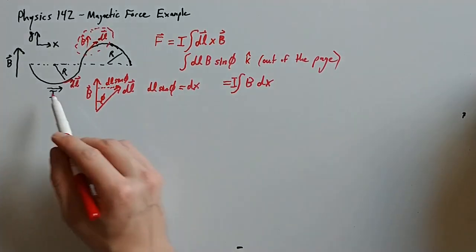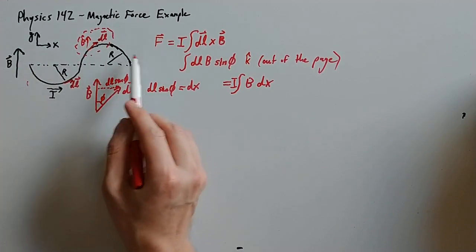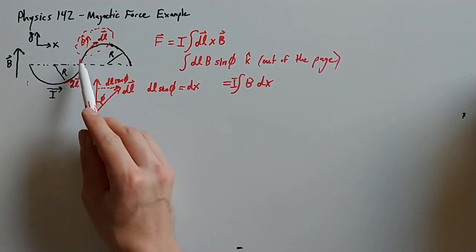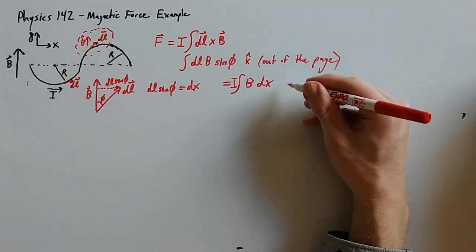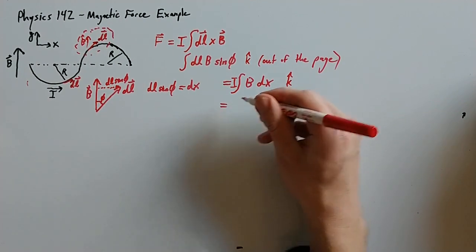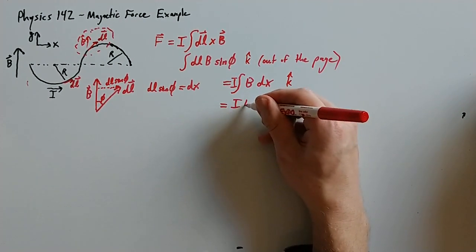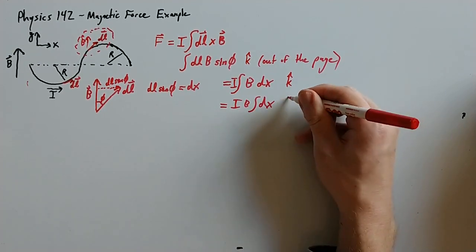But now in this problem, it's useful that B is uniform across the whole picture. No matter where we are, we're going to have the same amount of B. So that means I can pull B out of the integral, still in the k hat direction. So now I just have I times B times the integral of dx.